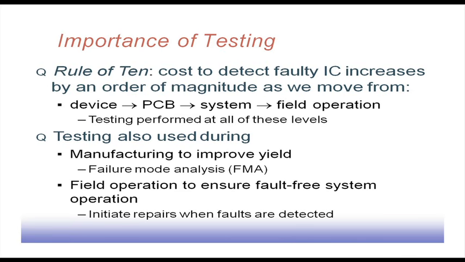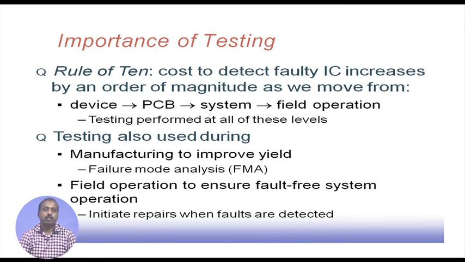So, PCB level testing can be done. If we can detect some problem at the device level, we can rectify it with minimum effort. At the PCB level we have to replace the chip, or if we think about fault tolerance, then we have to duplicate an entire chip. That way it becomes costly.